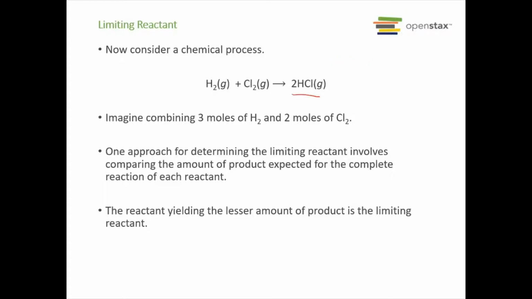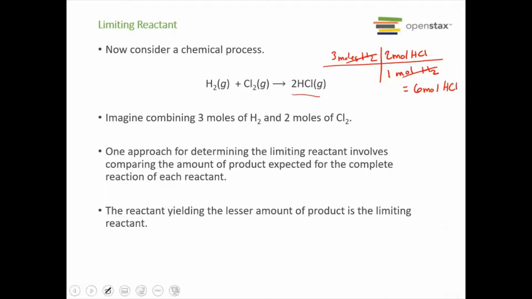So starting with the hydrogen, we have 3 moles of it. And based off the reaction stoichiometry, we can make 2 moles of HCl for every 1 mole of hydrogen. So that tells us we can make 6 moles of HCl if hydrogen is our limiting reactant.